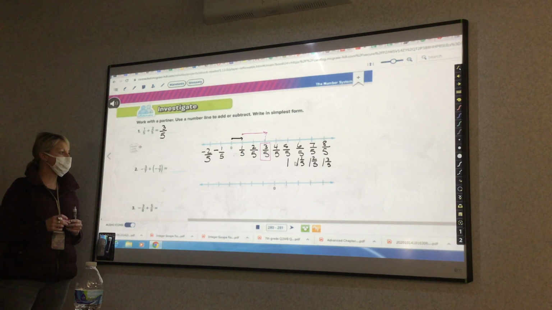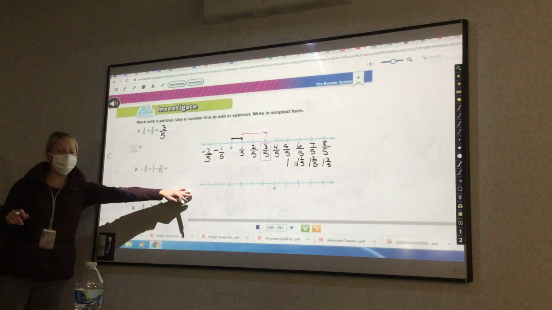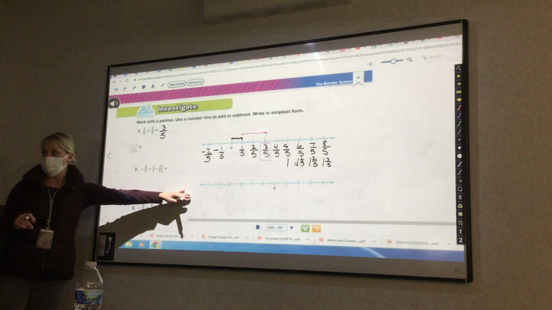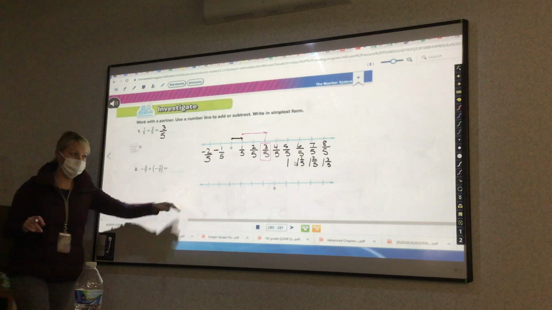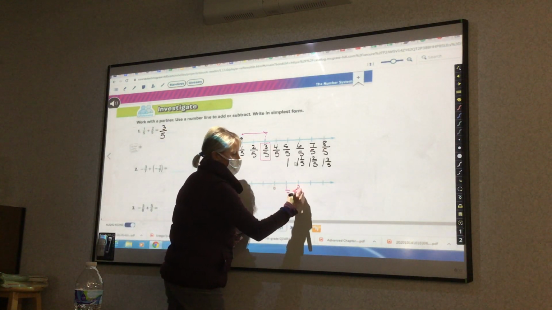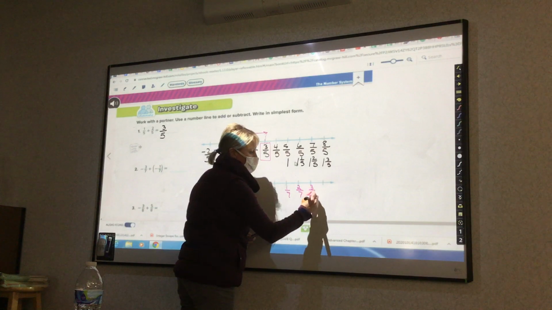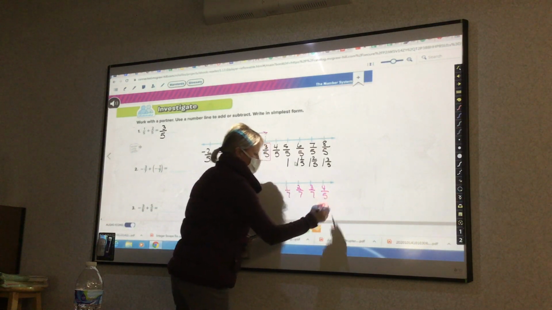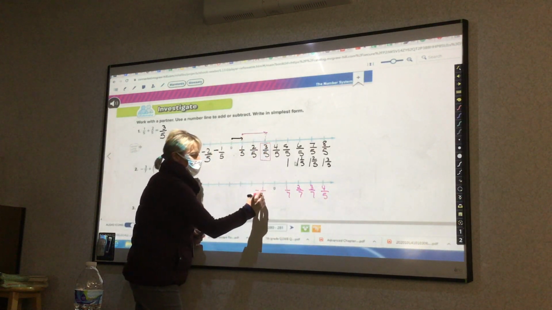So we have a negative 3/7 plus a negative 1/7. What is this split up into? Into what? 7. So let's get labeling. 1/7, 2/7. Make sure you label every single tick mark.